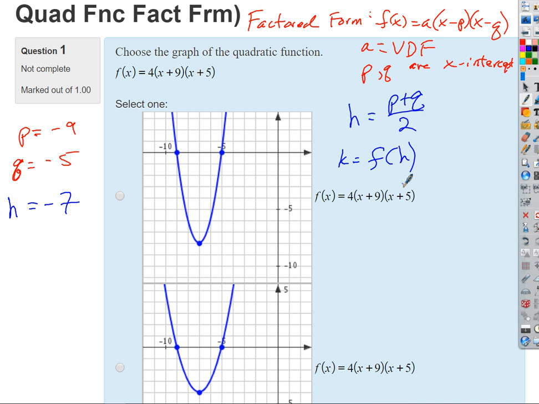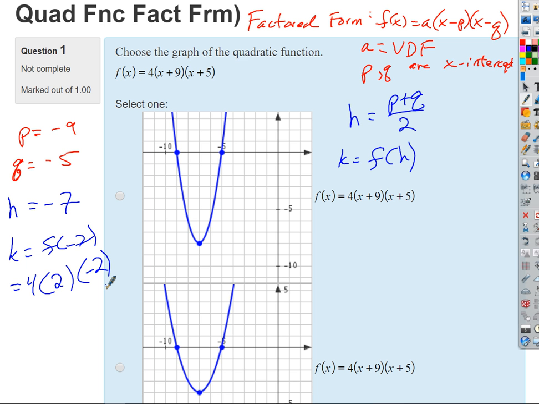For us, we'd be plugging in -7 for each of those x's. So k would equal f of -7, which is going to be 4 times, what's -7 plus 9? 2, good. Times what's -7 plus 5? -2.